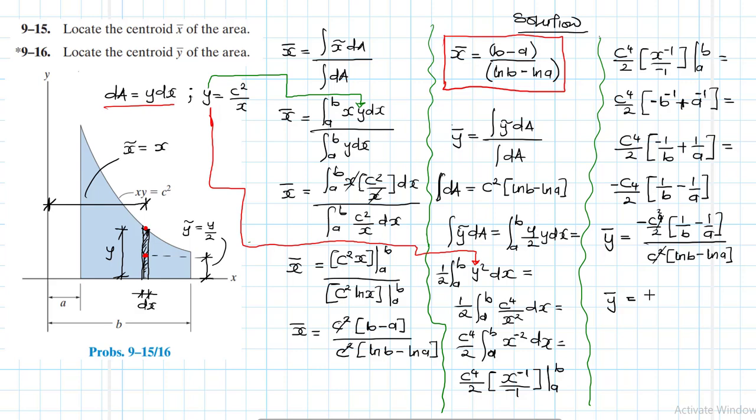So this finally becomes equal to minus c squared divided by 2, and then we have this expression of 1 over b minus 1 over a divided by ln b minus ln a.